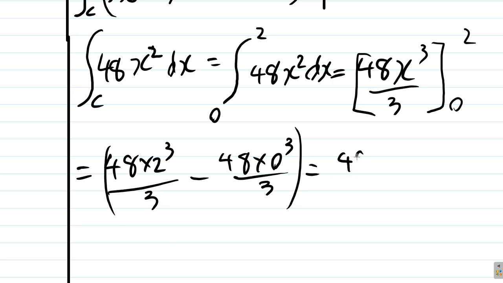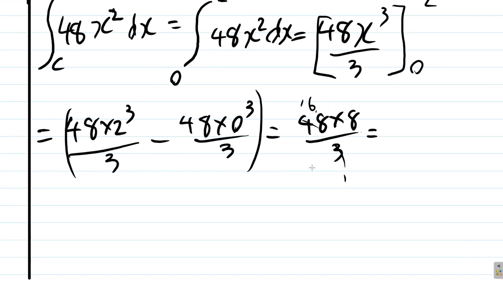So what you have is 48 times 8 over 3. 3 into 48 is 16. 16 times 8 is 128.